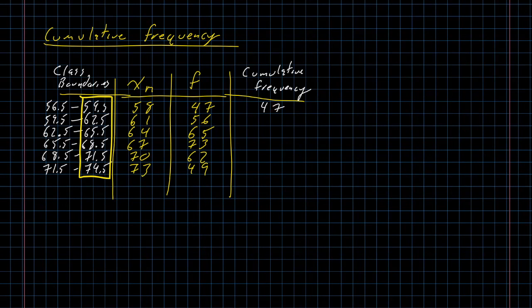So 56 plus 47 is 103. Then lower than 65.5, we take 65, we take 103, we add them together, and we get 168. Then 241, 303, and 352.